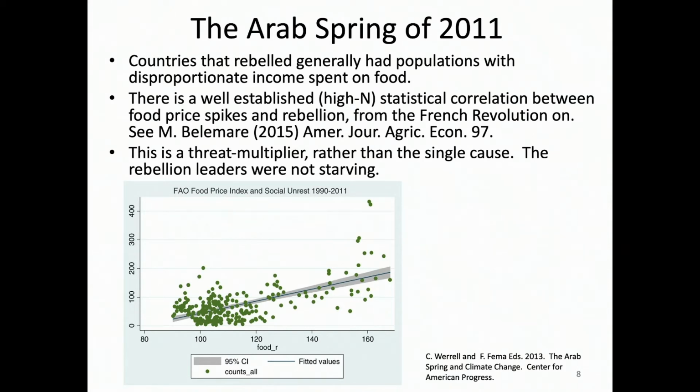At the same time, people who do case study work always say, oh, but it's multi-causal. This climate disruption is a threat multiplier rather than the cause. The rebellion's leaders weren't starving, right? Not every country had a revolt and so on. And that's true. But it begs the question then, well, how big is the threat multiplier?